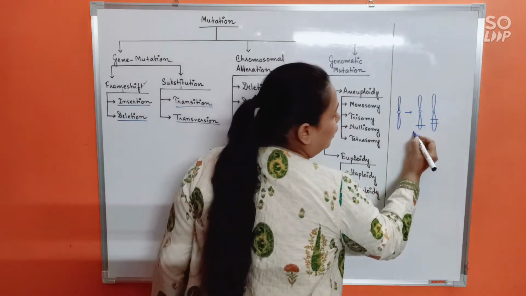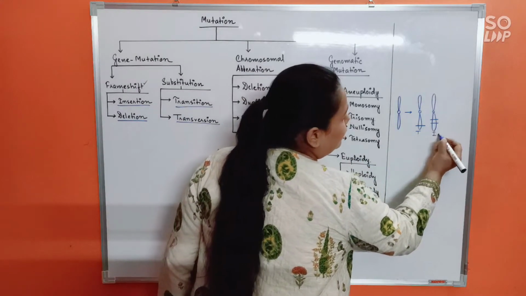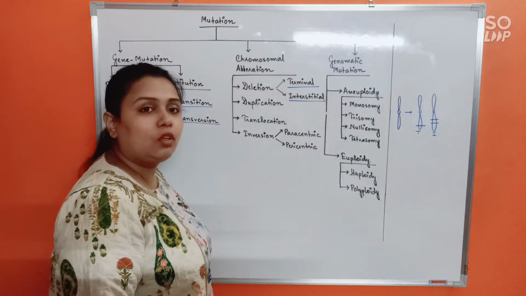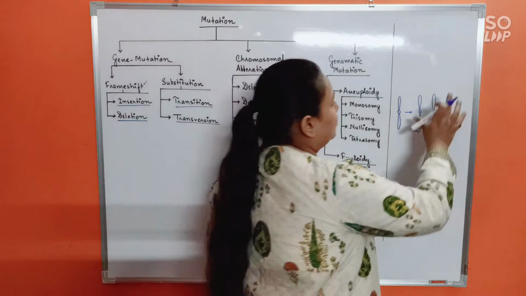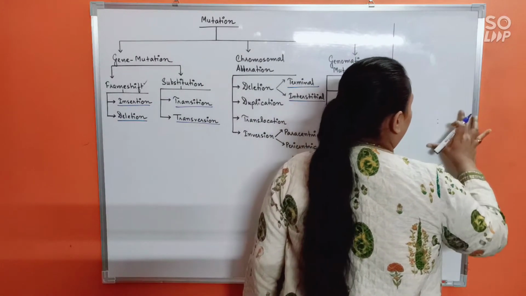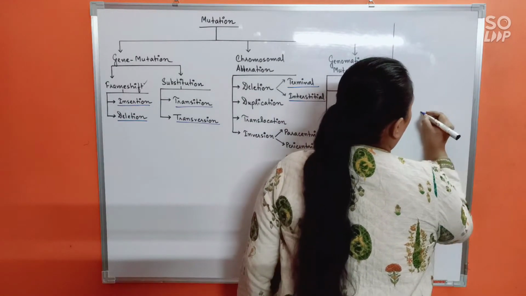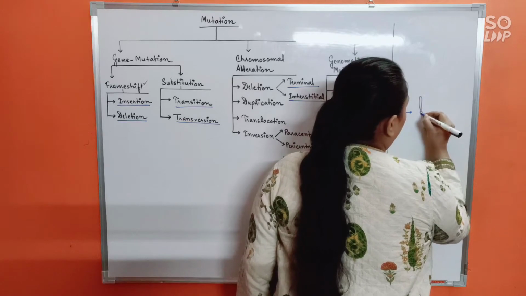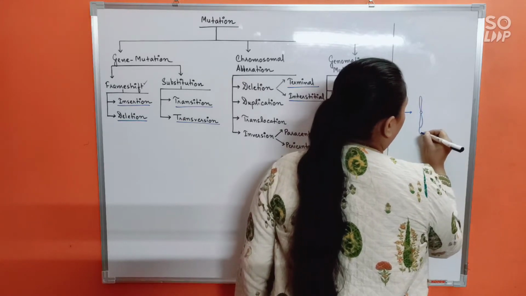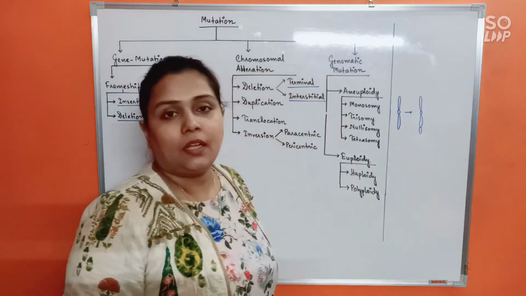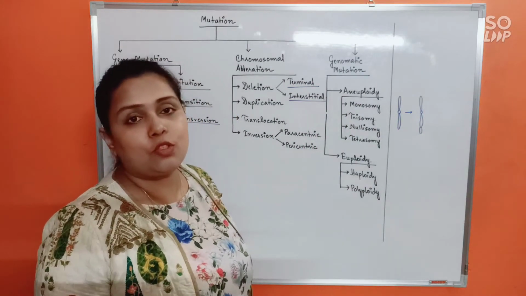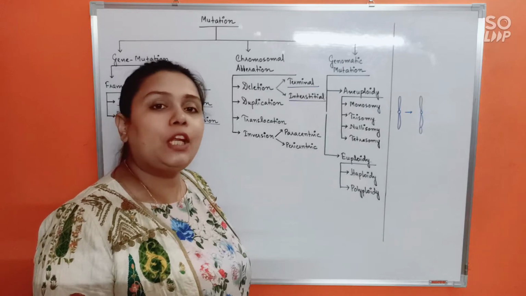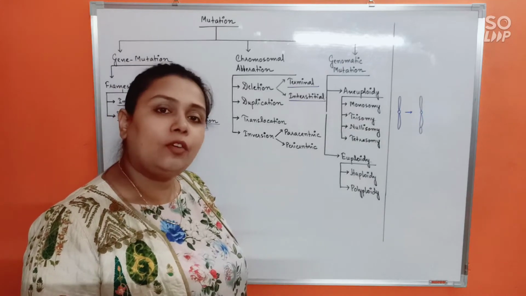So this is terminal and this is interstitial deletion. Alright. Now, duplication. Duplication is, of course, from the name itself, if a part of the chromosome or the set of genes present in the chromosome gets doubled up, we will call it duplication. Alright.